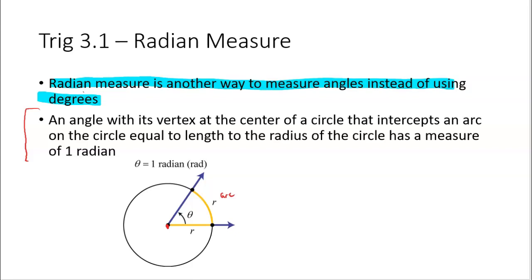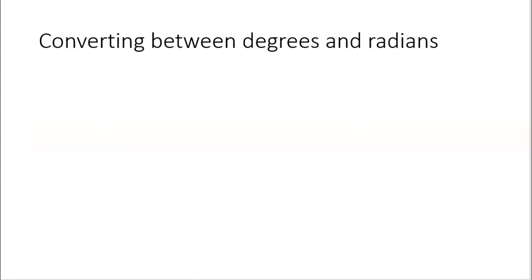So how can I use that information? Well, I can convert between degrees and radians, understanding that the circumference is 2 pi r. Now, for our unit circle, our r we call just 1. So the circumference around our whole circle would be 2 pi.